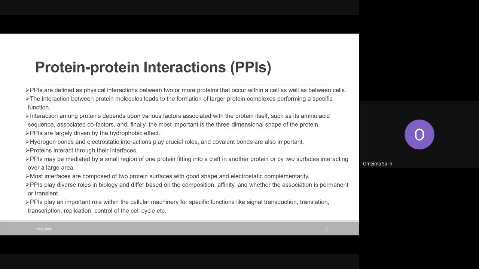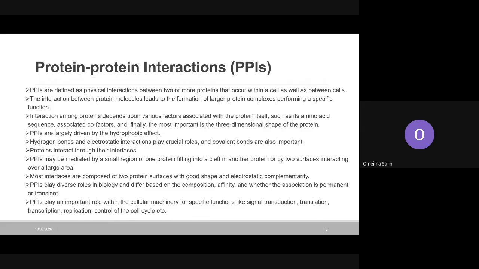Some of these proteins, once they are translated or synthesized and modified, then in the third step they tend to form their complexes by interacting with other proteins. This is part of their functional conformation, to be attached to other proteins so that they can act and have their function within the cell.